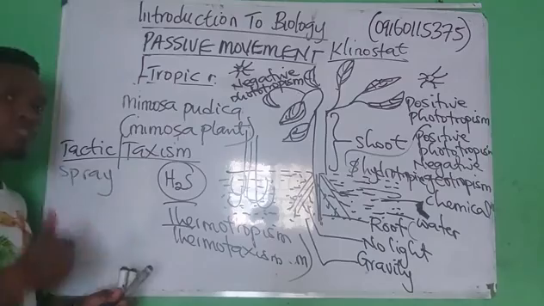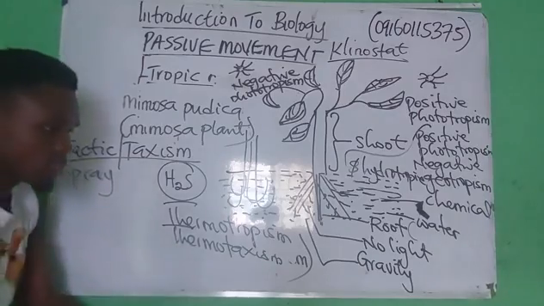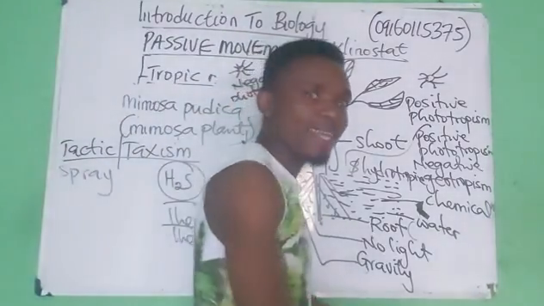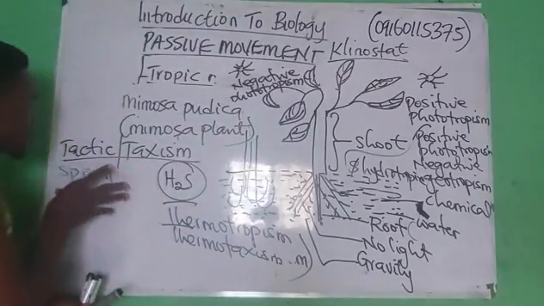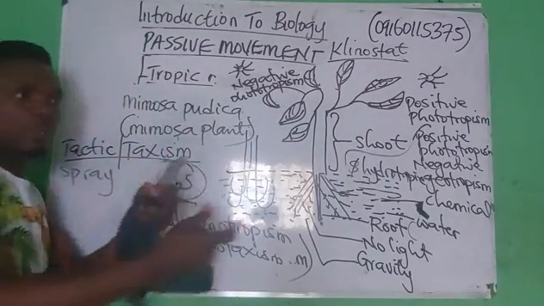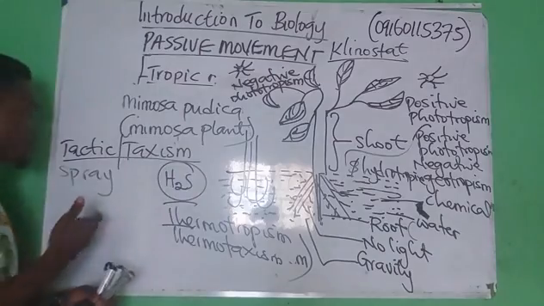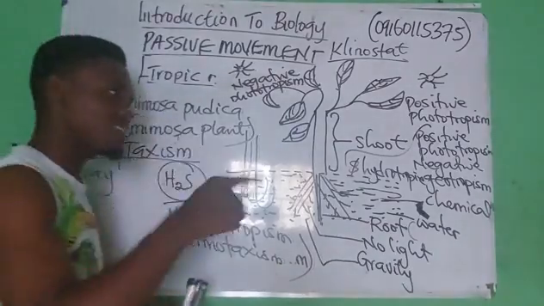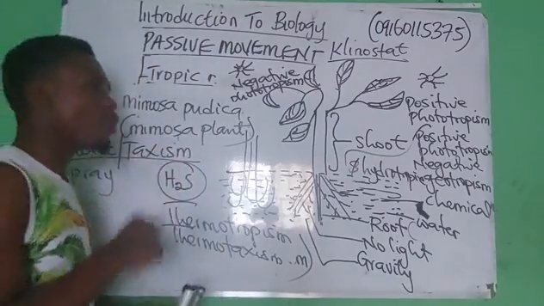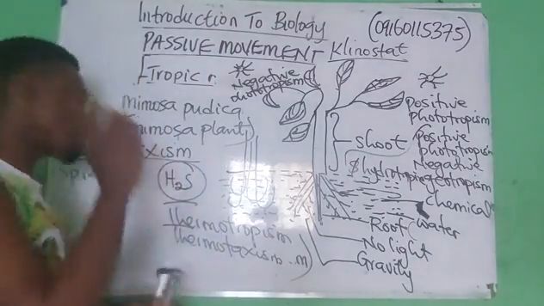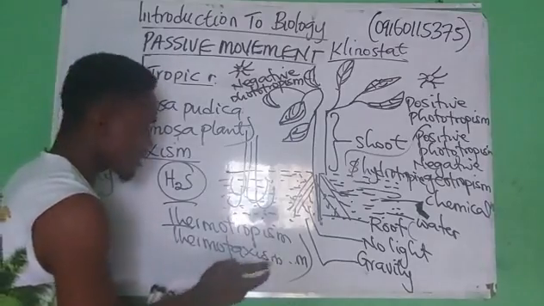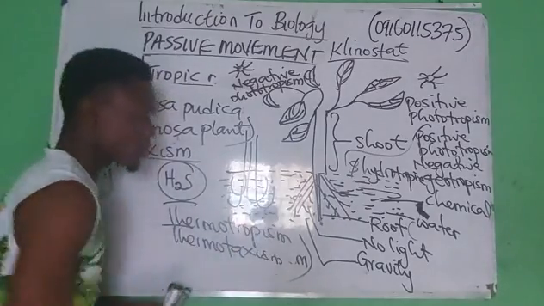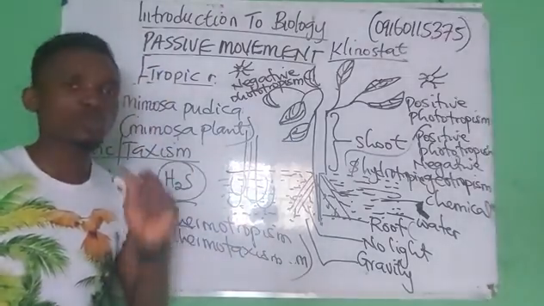Negative chemotaxism. Because it is the whole body of the organism that will move away. You understand? So please, the movement of insects away from insecticide is called what? Negative chemotaxism, not tropism. No, it is animals, insects, taxism; plant, tropism. Please take note of that.